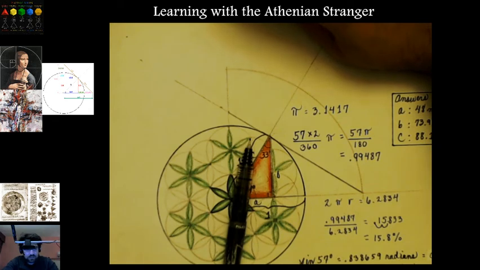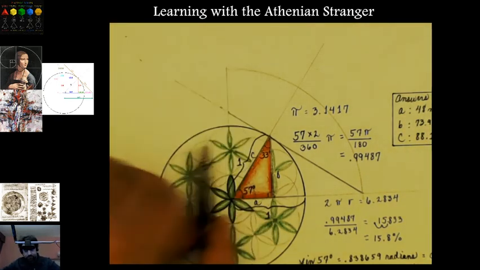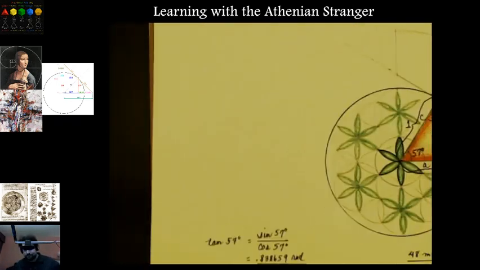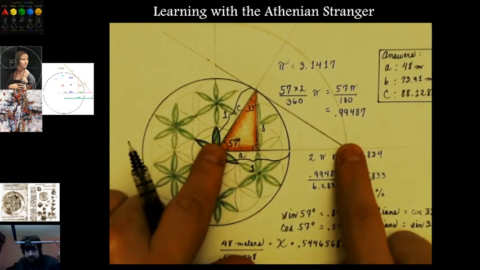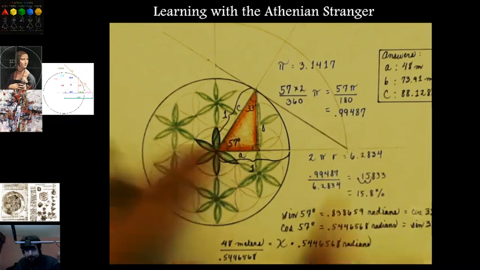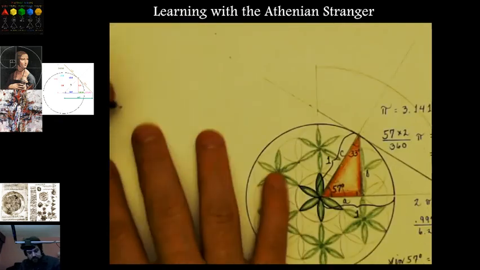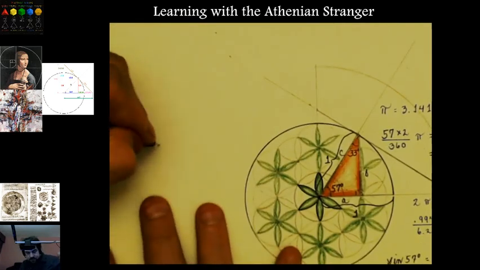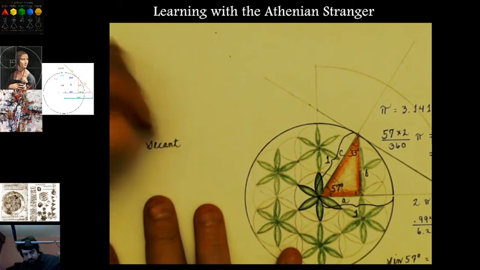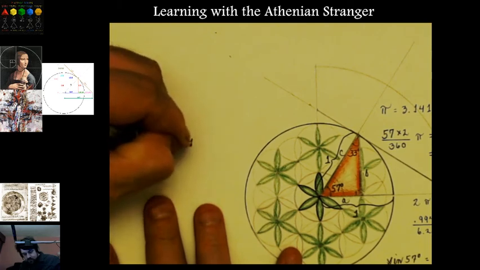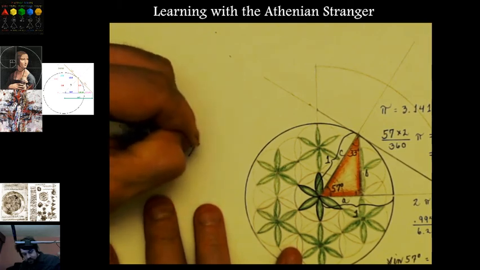The secant is equal to 1 over the cosine. That's what it says. Well, we can do this. So we can actually find this length, 1 over the cosine. So let's just say over here, secant equals 1 over the cosine.